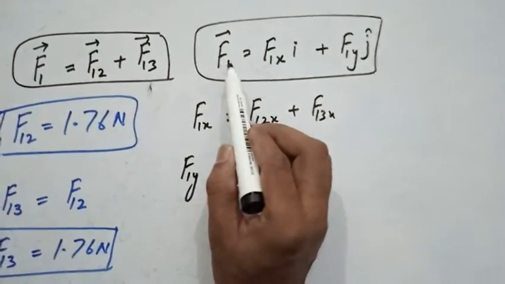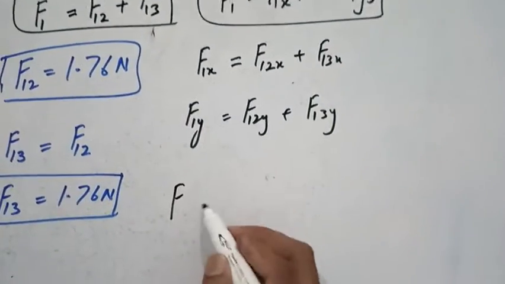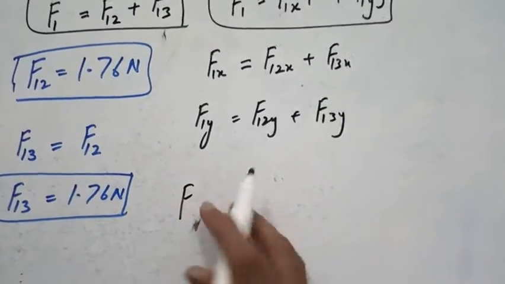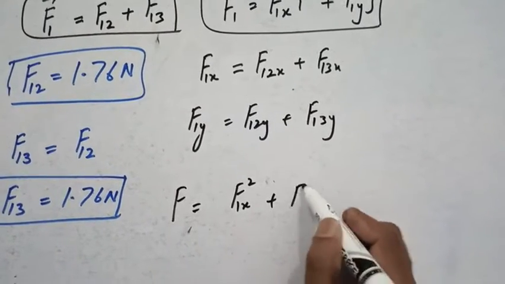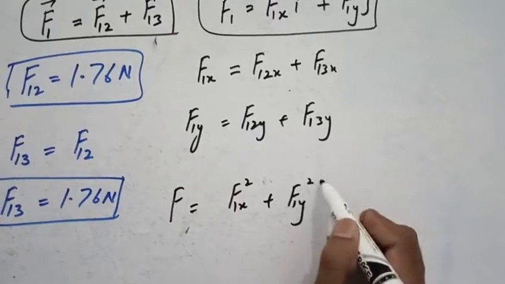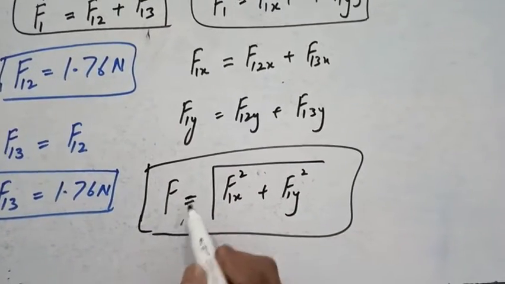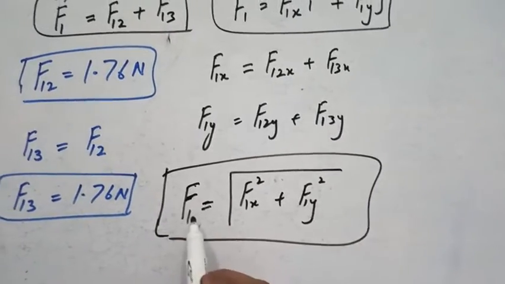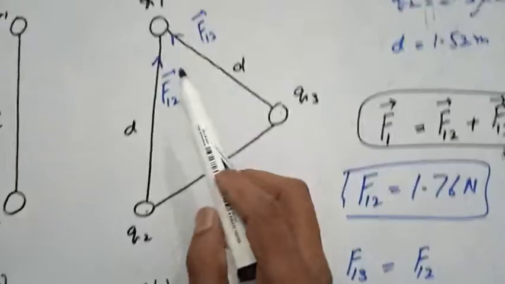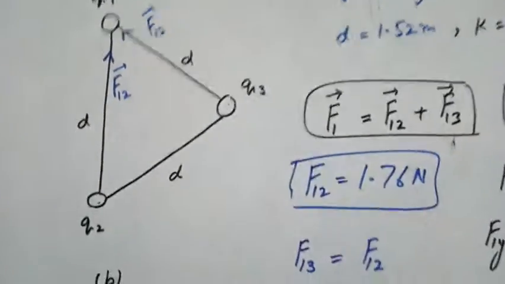If a force has its x and y components, then the magnitude of force can be written as F equals the square root of the square of the x component plus the square of the y component. By this formula, we can calculate the magnitude of force F1 acting on charge Q1 by charges Q2 and Q3.